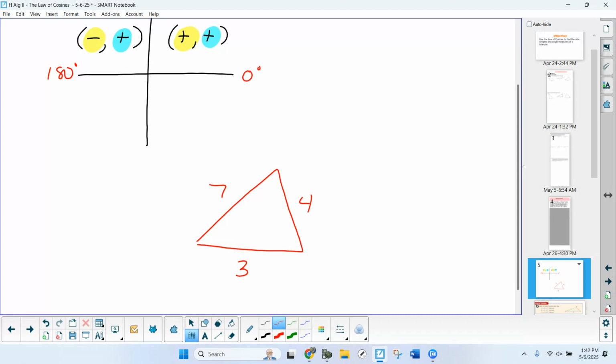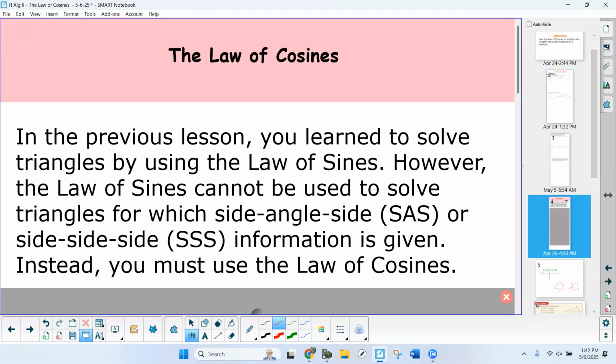Well, you have to have a pair to use that proportion. Same thing is true if you have side, angle, side. You don't have a pair to use for law of sines. So in these cases, we have to use the law of cosines.